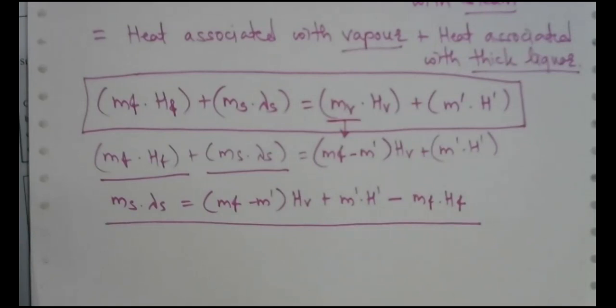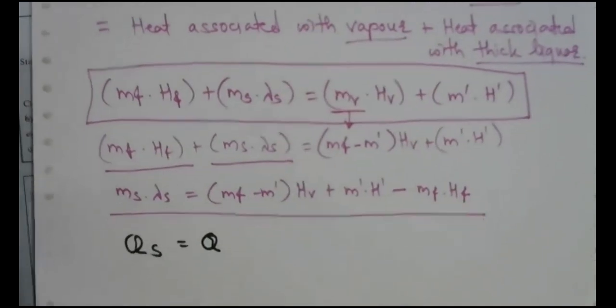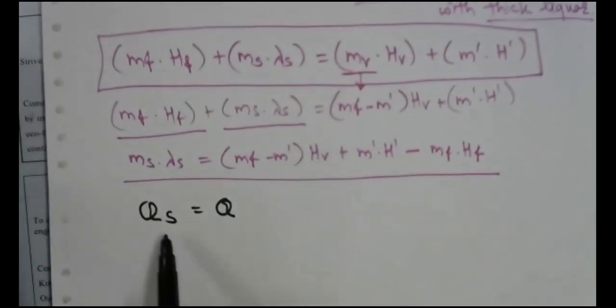On the basis of that, we can write the heat balance equation in another form, like this: Qs equal to Q. So the heat is given by the steam because we are going to provide the steam as a heating medium to the evaporator for the feed.